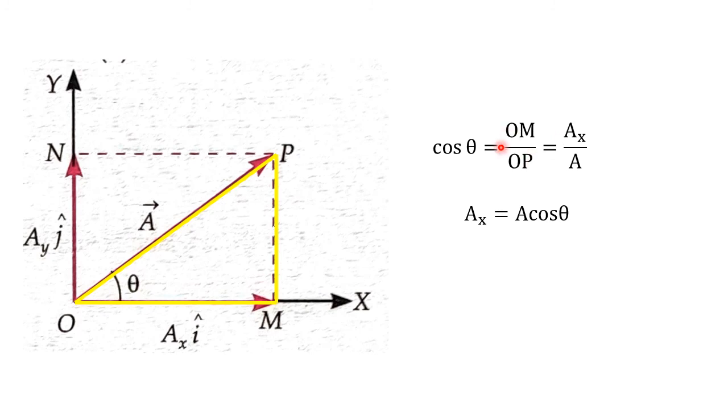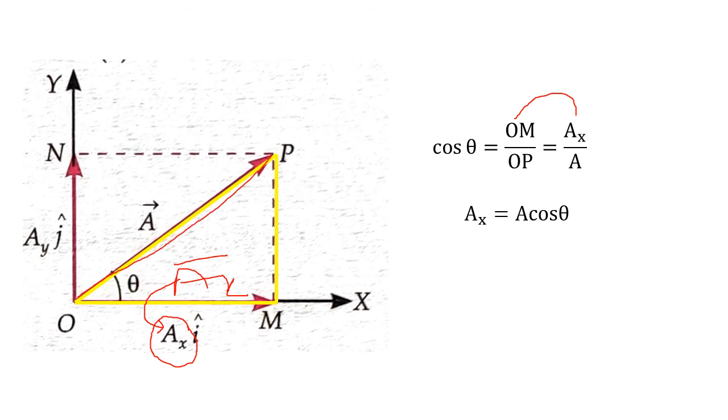OM by OP. Now OM is the magnitude part, and this one represents your AX vector. What is the magnitude of this AX vector? It is AX. Therefore, I can write OM as AX. Similarly, this is your OP.